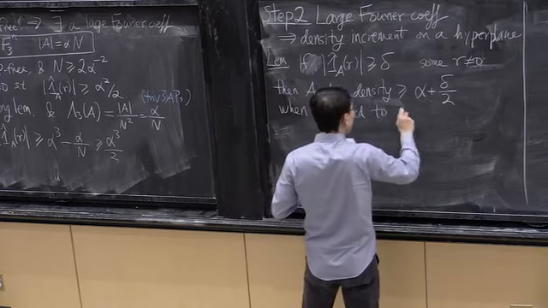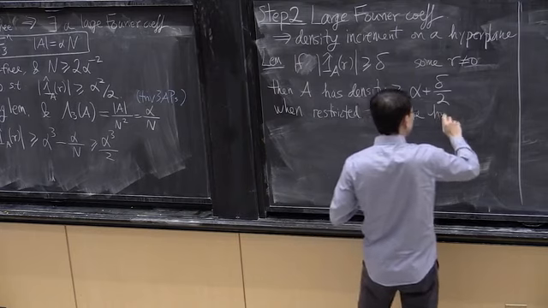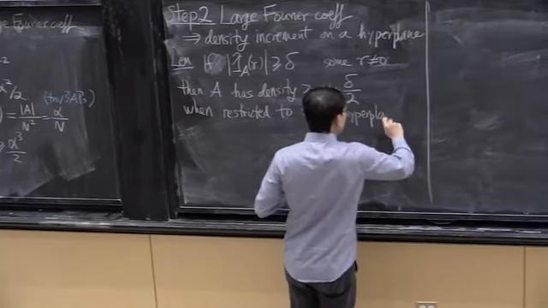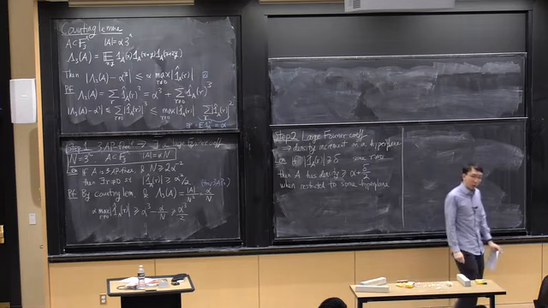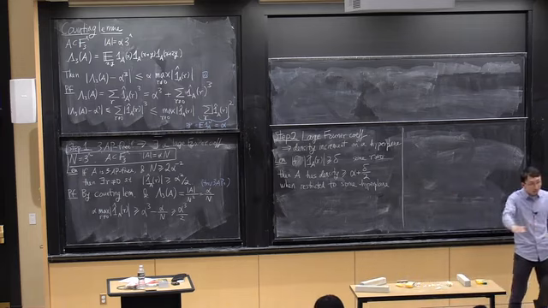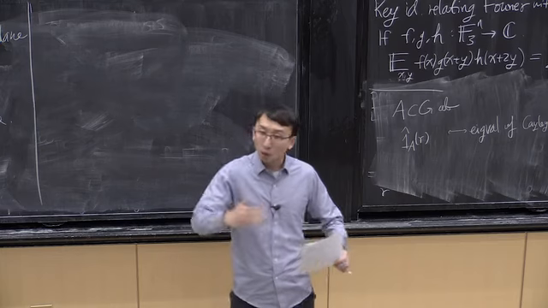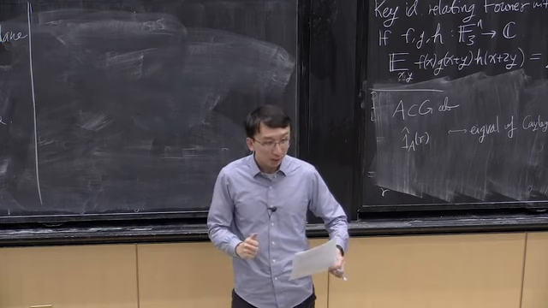So if you have a large Fourier coefficient, then I can pass down to a smaller part of the space where the density of A goes up significantly.